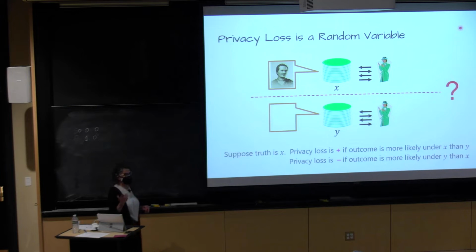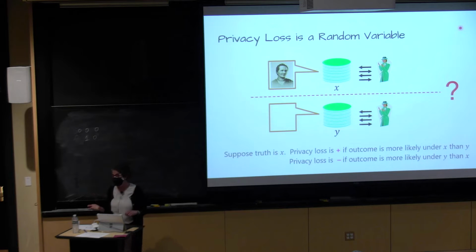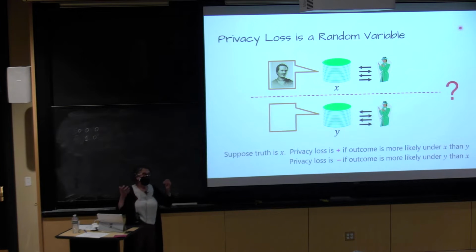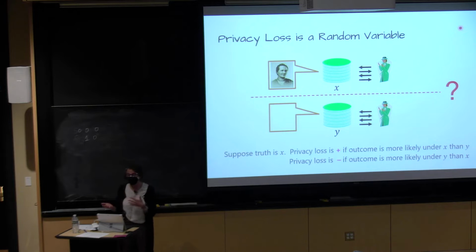So privacy loss can be positive or it can be negative. It is more likely to be positive, but it is pretty likely, depending on the algorithm, also to be negative. And what do you think when you see something like that? Cancellation. When these epsilons are adding up, there's also going to be a lot of cancellation. And that's going to help a whole lot.